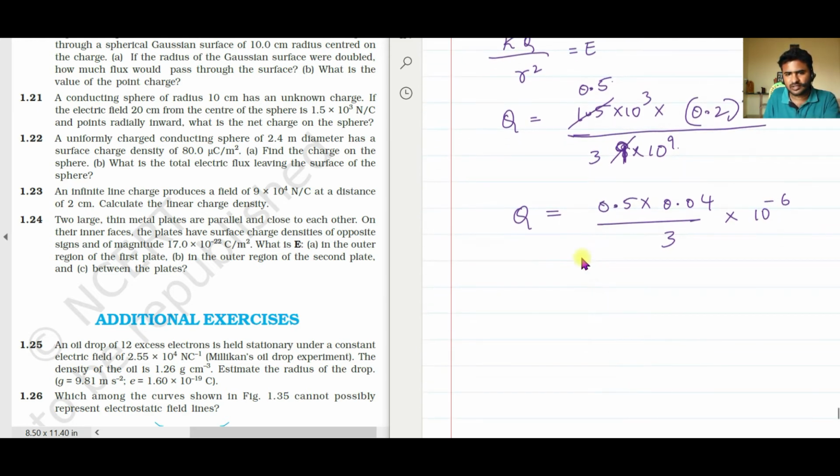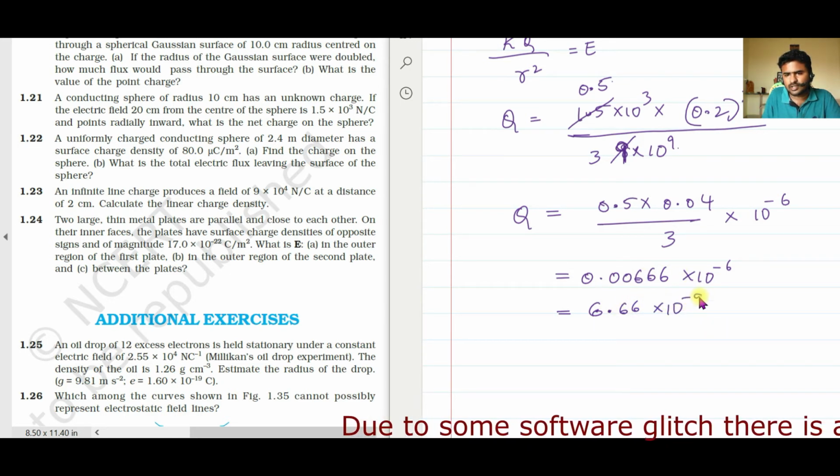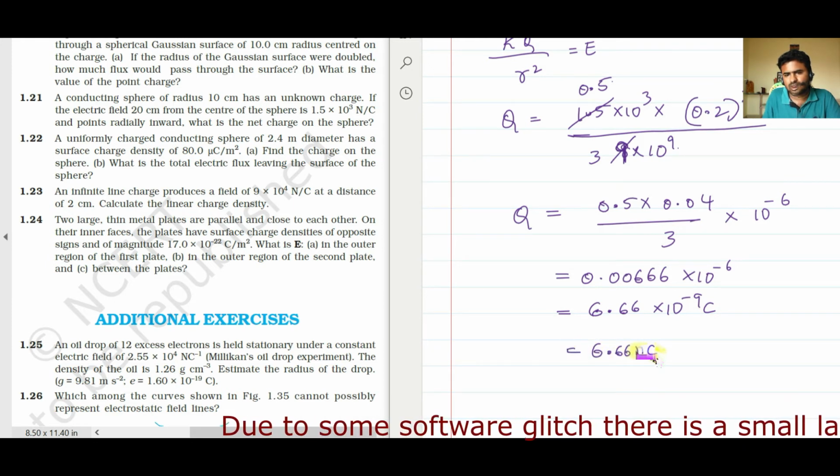Upon simplification further we will get 0.00666, it keeps going like that, into 10 to the power of minus 6. Now I can write this in scientific notation: 6.66 into 10 to the power of minus 9 coulomb, which is 6.66 nanocoulomb.